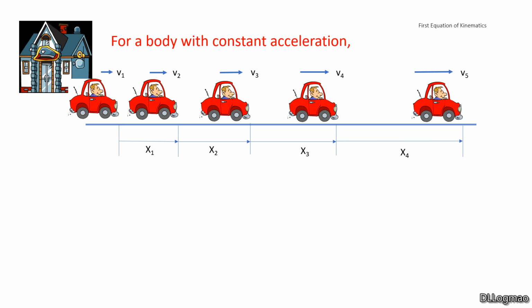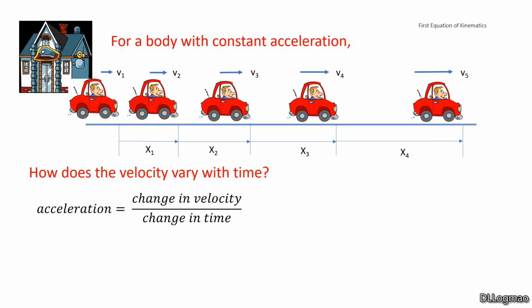This time, let's find the relationship between the variables involved in a uniformly accelerated motion: the acceleration, distance traveled, velocity, and time. For a body with constant acceleration, how does the velocity vary with time? Using the definitions we had earlier for uniform motion and accelerated motion, average velocity and final velocity.